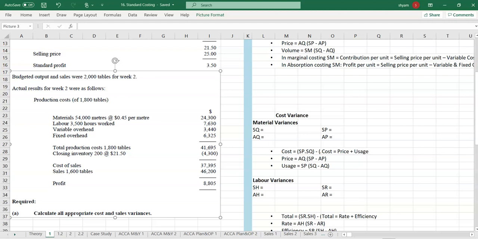in the actual data. So we also have the actual data here. It tells you about production cost. There are 1800 tables. This is what they have actually produced.